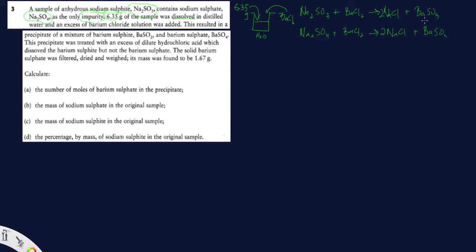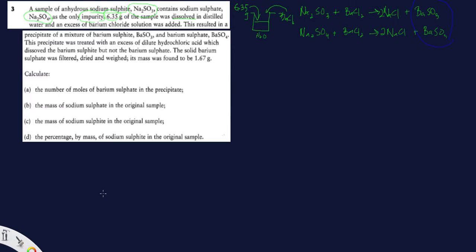If you remember salts from your previous years of chemistry, barium sulfate is an insoluble precipitate. So both of these are insoluble precipitates, which is what we are going to study in this gravimetric experiment.